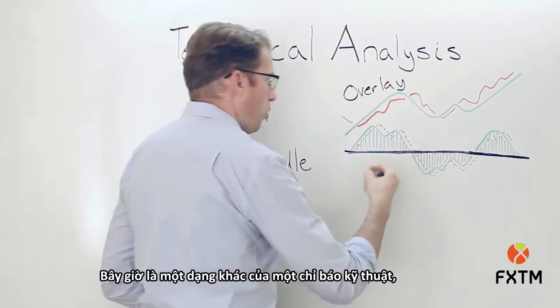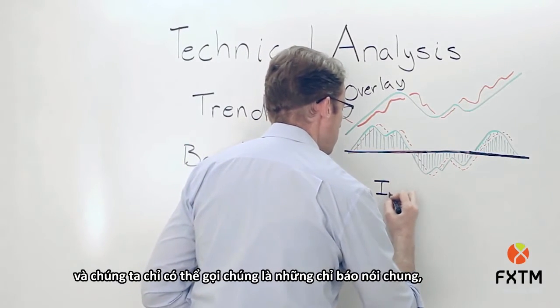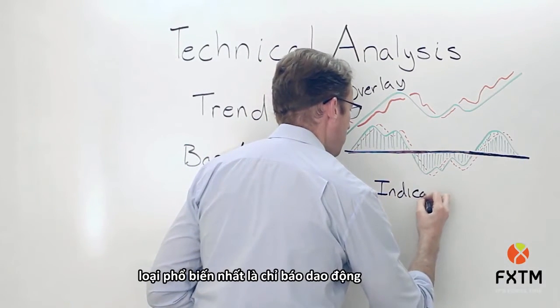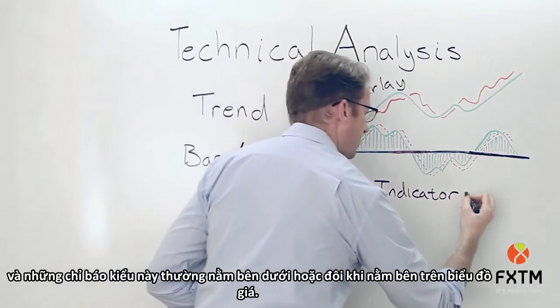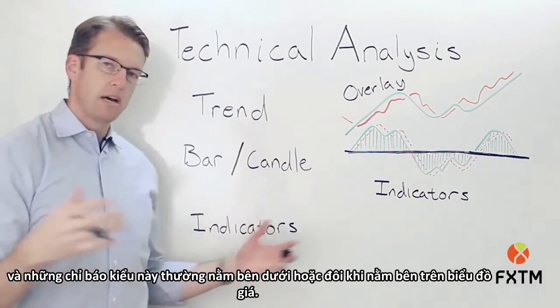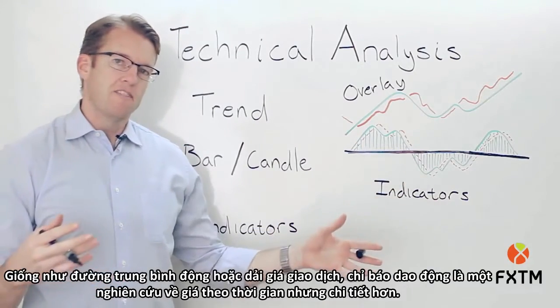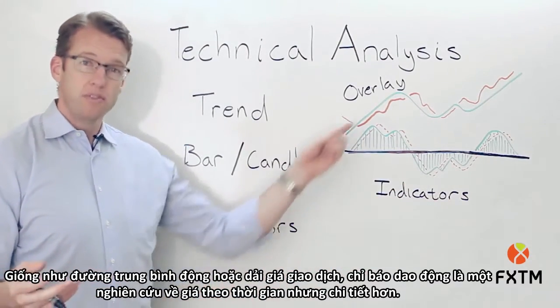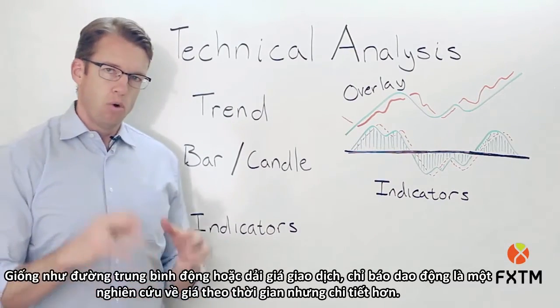Now, the other form of a technical indicator, and we might just call these indicators in general, the most common type are oscillators, and indicators like this usually sit below the price chart, or sometimes you'll place them on top of or above the price chart. They are a study of price over time, like a moving average is, or like price bands are, but they are more specialized.